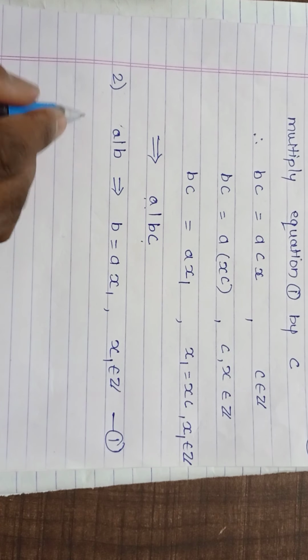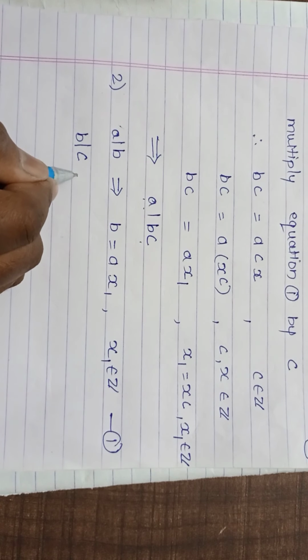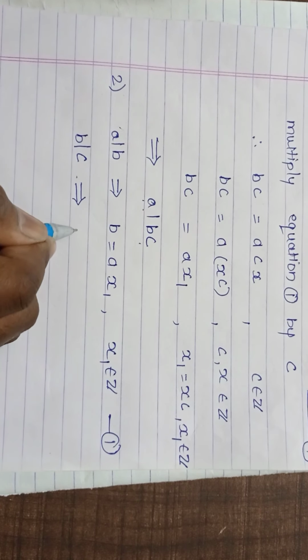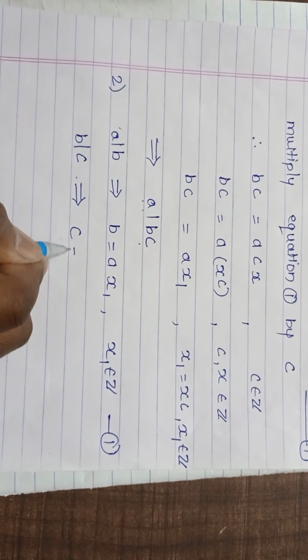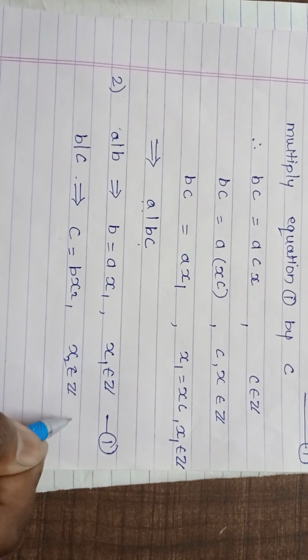Second, also b divides c. By the definition of divisibility, c is equal to b x2, where x2 belongs to Z. Equation number 2.